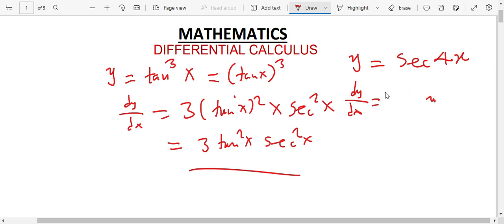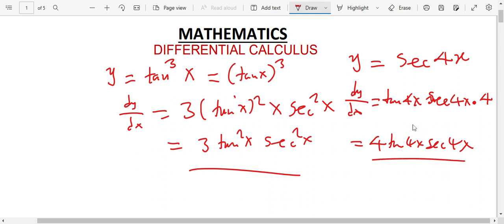If you differentiate sec, you are supposed to get tan, the angle same way it is, tan 4x, and then sec 4x. And then now differentiate the angle, you get 4. So the answer is 4 tan 4x sec 4x. So this is it. Good.